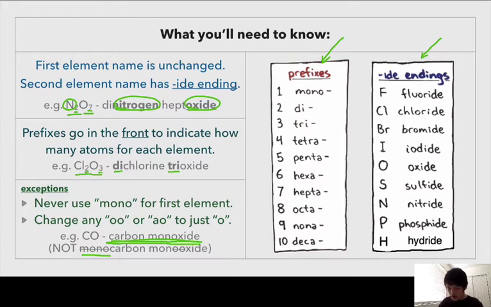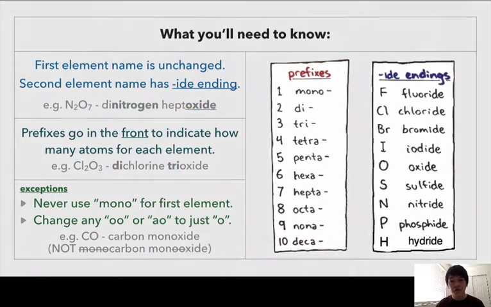Also, the second exception is used in this naming. You see how it says mono-oxide? Well, if you left it like that and you tried to pronounce it, it would sound awkward, but it's actually monoxide, like we are comfortable hearing it. So any oohs or ows, just change it to an O. So it is carbon monoxide here for CO.